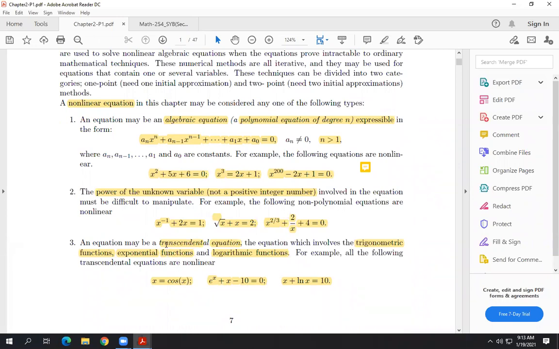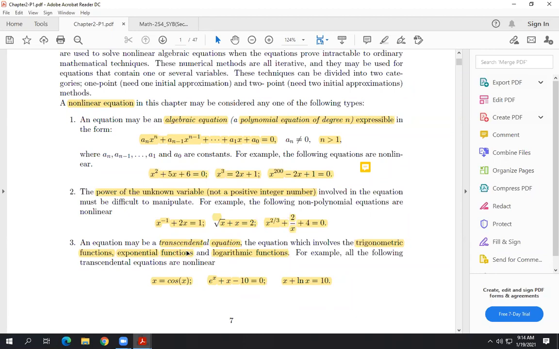I think you have this idea from somewhere earlier, where you read about transcendental equations. Transcendental equations are such equations which involve either trigonometric, exponential, or logarithmic functions. We call them transcendental equations, and all transcendental equations must be non-linear.